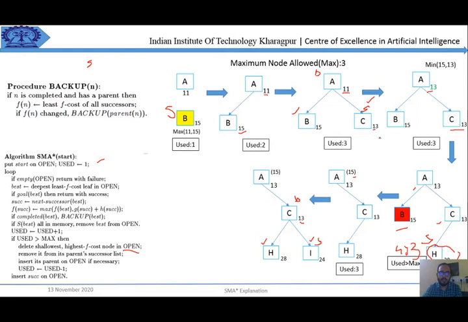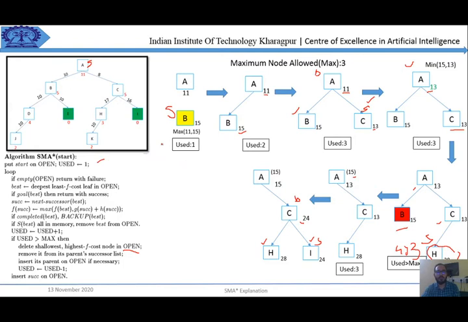So similarly, as I've done at this particular point, from 28 and 24, I take the minimum of it. So 24 is the minimum one, and since the backup parent is there, I have to back up this one, and from taking the backup, the A value will be updated to 15, as the minimum of 15 and 24 is 15. So like that, the backup pointer will be computed.